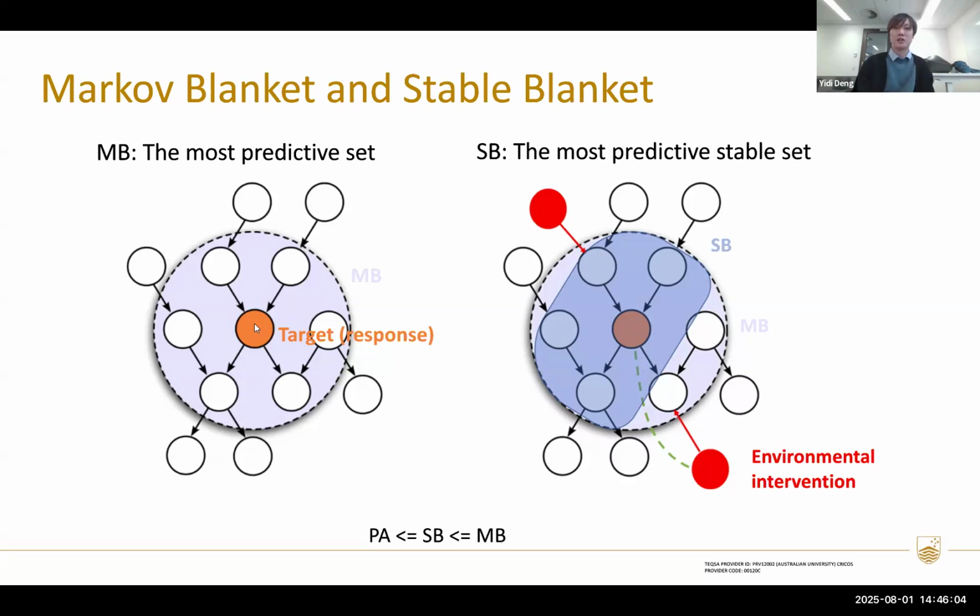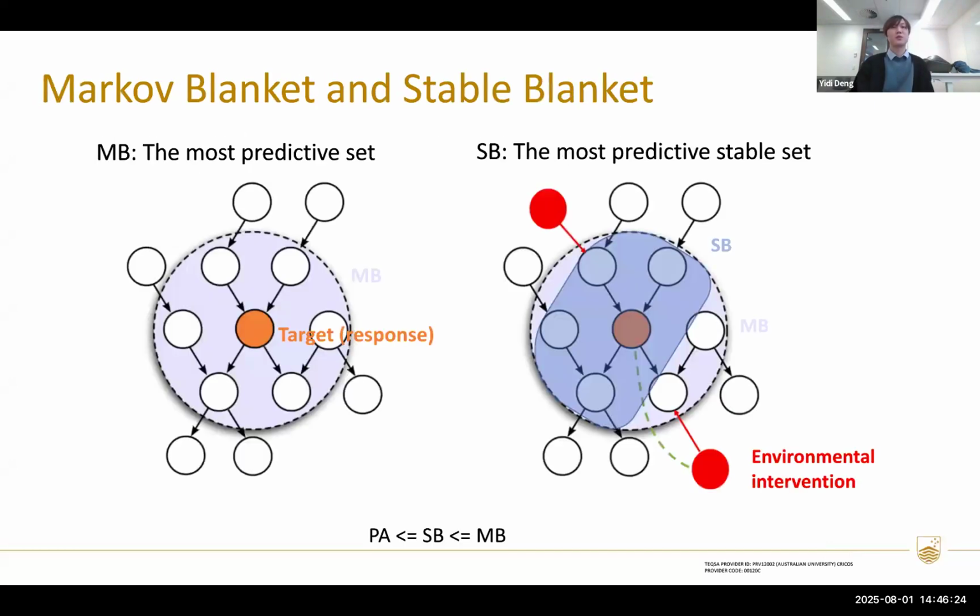So the Markov blanket of the response is actually the set of predictors conditioning on which renders other predictors independent of the response. Or more intuitively, we would just say that the Markov blanket is the smallest set of predictors that is most efficient.